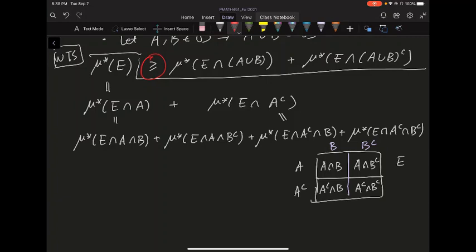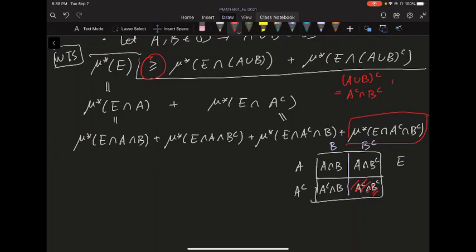First of all, this A union B complement, well, that's not in A and not in B, so that's A complement intersect B complement. And that basically corresponds to the last part.